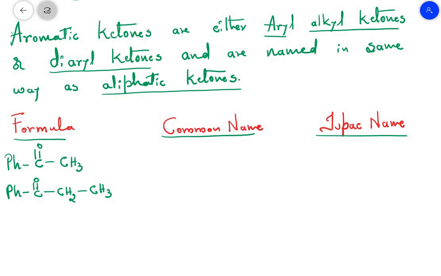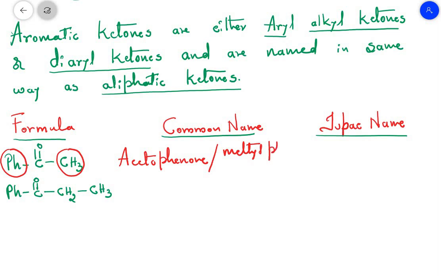So the common name of the first compound is acetophenone. It is acetophenone, or it is also called by other name, that is this is called as methyl and this is called as phenyl. So therefore it is called as methyl phenyl ketone.